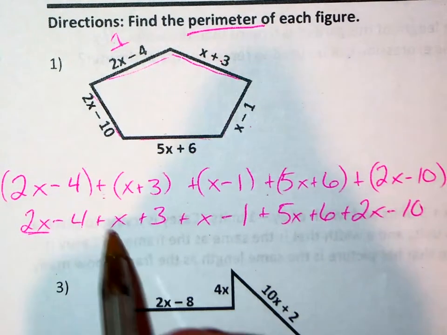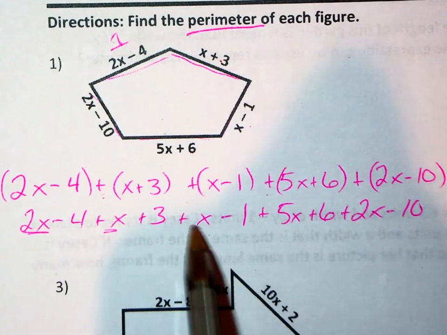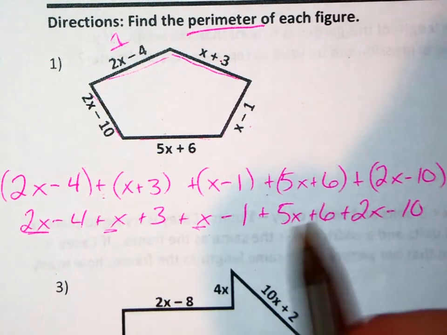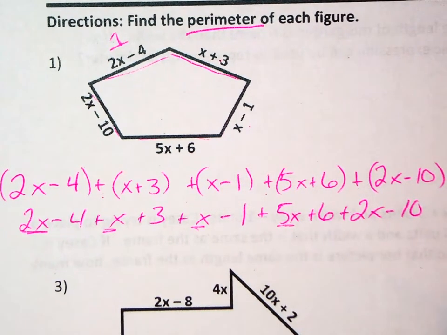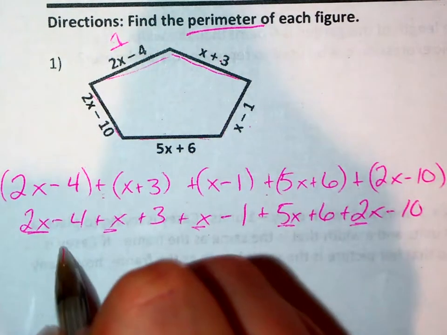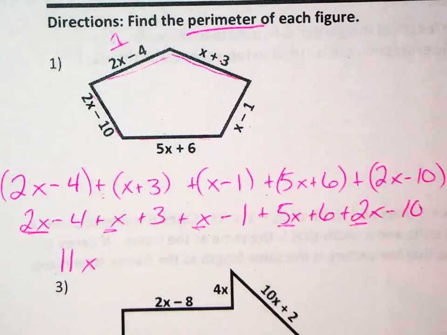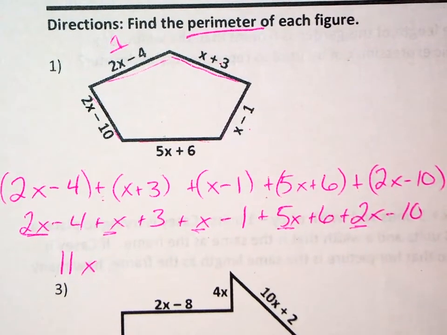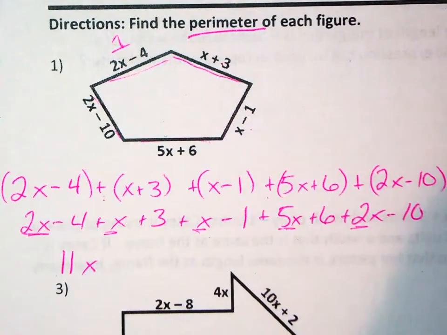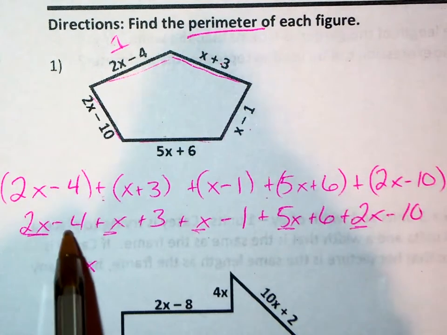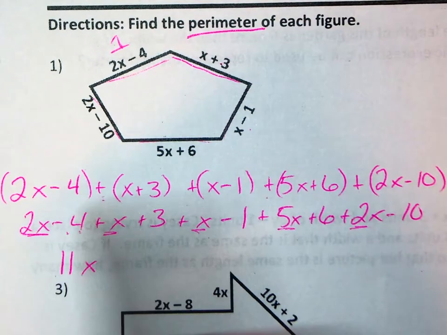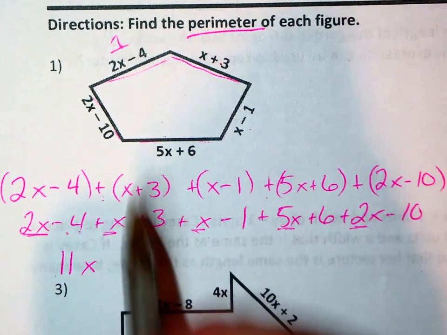So 2x plus x is 3x, plus x is 4x, plus 5x is 9x, plus 2x is 11x. Now I will add all of my integers together. Negative 4 plus 3 is negative 1.